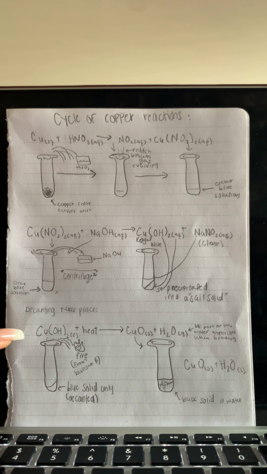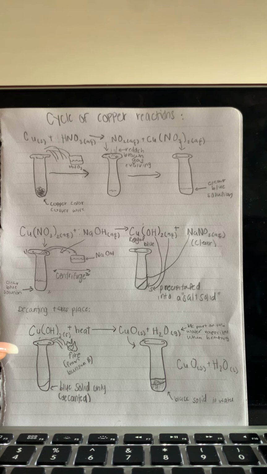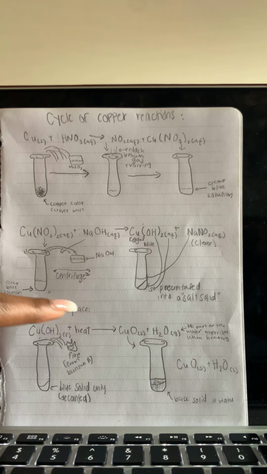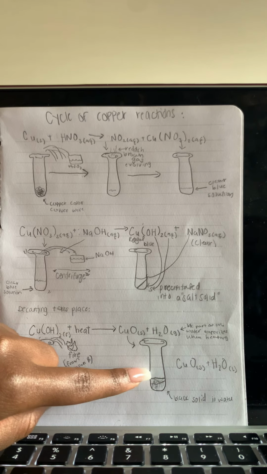For part C, we're going to be decanting the solution, pouring out the aqueous part and leaving the solid in there. So we have the blue solid right here after it's decanted. Then we're going to heat the solid copper 2 hydroxide gently, creating a black solid of copper 2 oxide and water vapor, as you can see here.